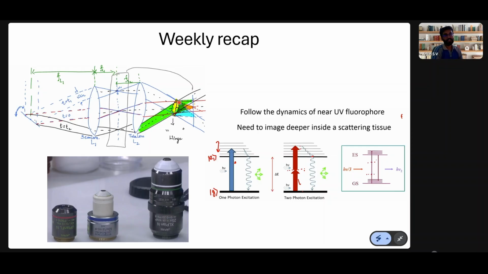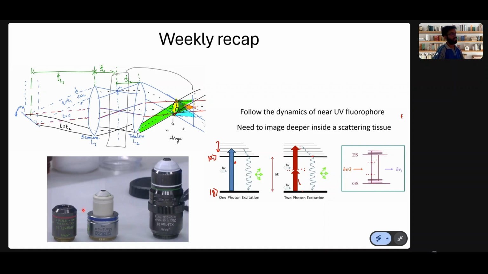The main advantage is that despite doing this, it doesn't introduce any anomalies, aberrations or change in image positions. These are the typical advantages of an infinity-corrected objective lens.